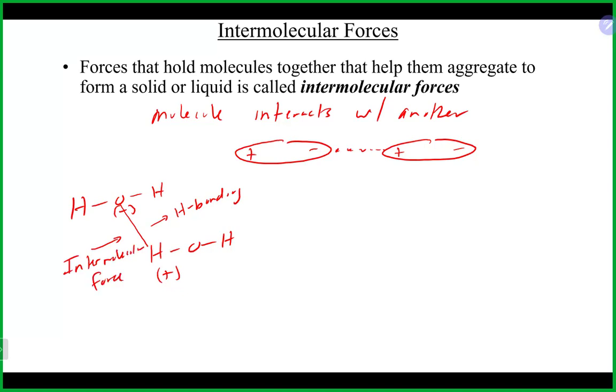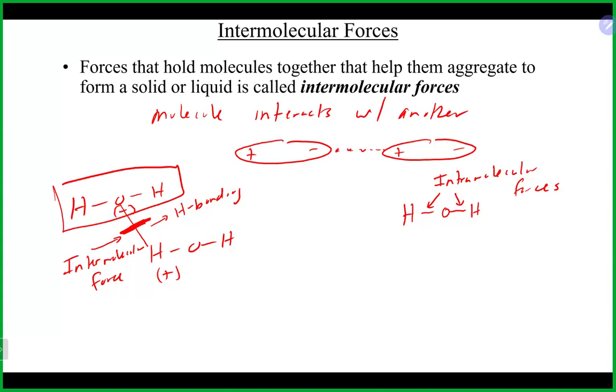And that force is a relatively strong force, but it is much weaker than if we just go back to our individual water molecule where we have those intramolecular forces. And we know that the intermolecular forces, the hydrogen bonding, is much weaker because, again, when we heat water, the first bond that breaks is this bond right here, the bond between the two different water molecules.